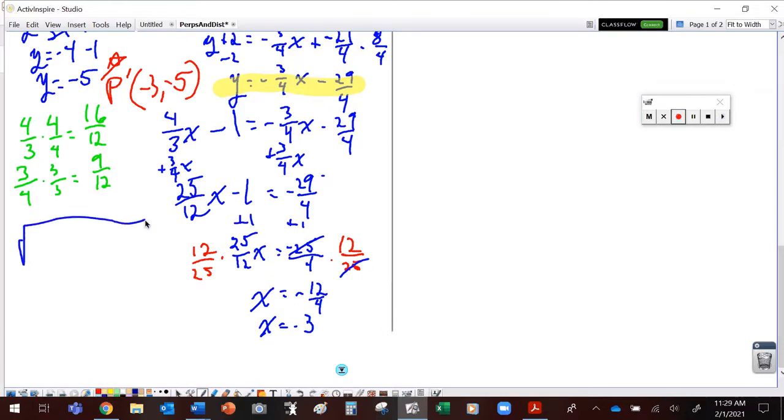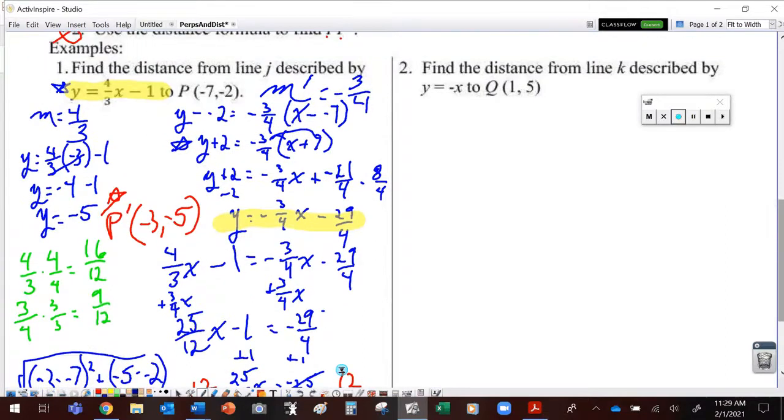The distance is equal to the square root of x2 minus x1, so negative 3 minus negative 7, quantity squared, plus our y2, negative 5, minus our y1, negative 2. Double check on that. Yep.